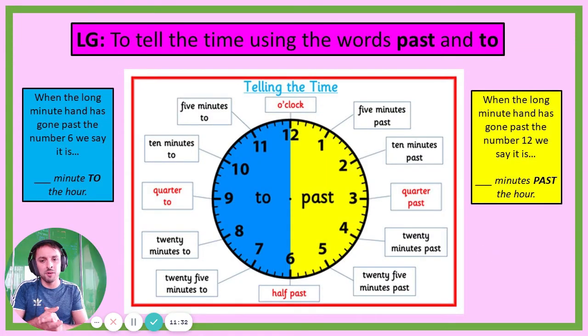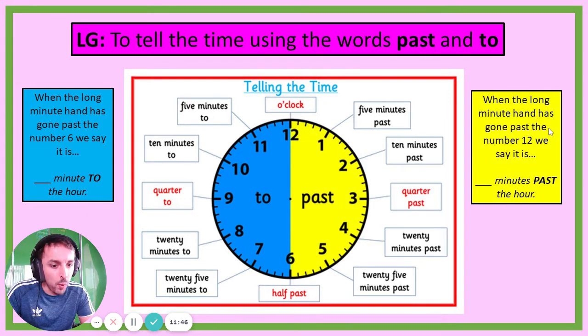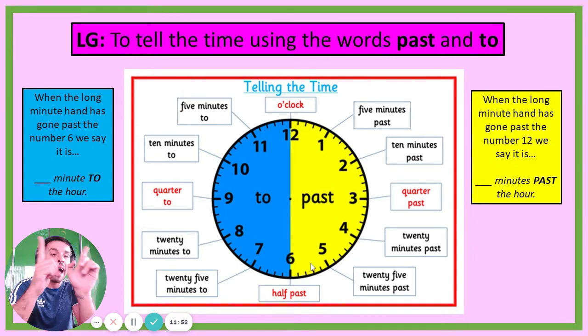And here it is a little bit more. Here I've got a full graphic. Let's start with the yellow. When the big hand has gone past 12, we say it is past the hour. So all of this in yellow is past.